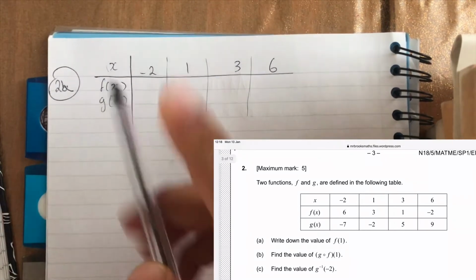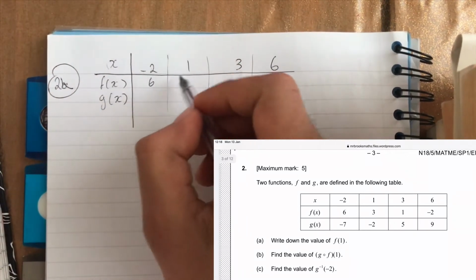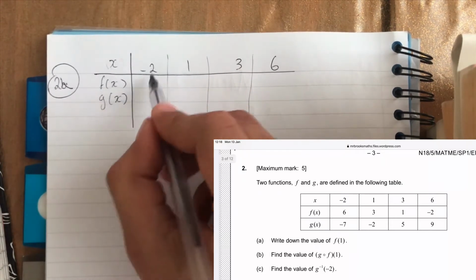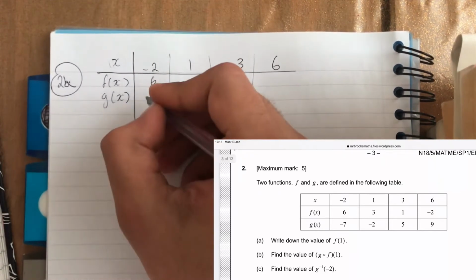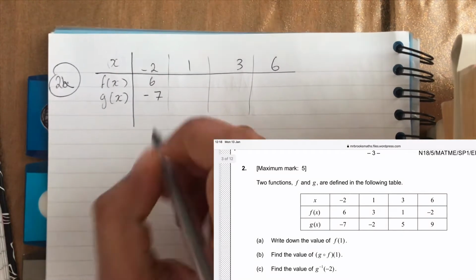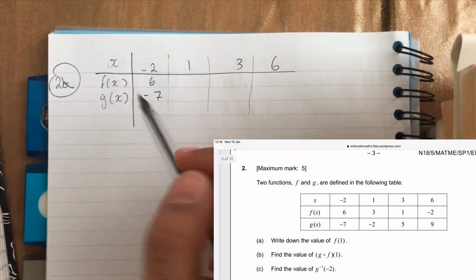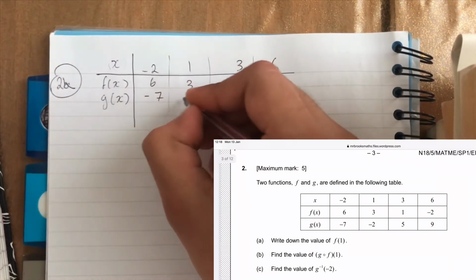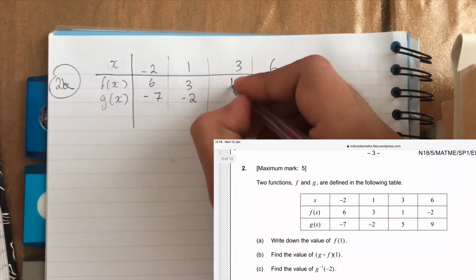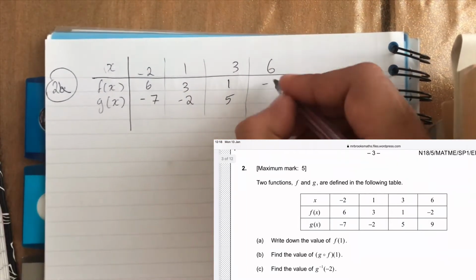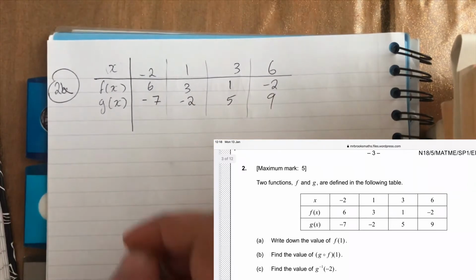For example, if x is minus 2, then f of x is 6 and g of x will be minus 7. Similarly with 1, you get 3 and minus 2 respectively, 1 and 5 respectively, and minus 2 and 9 respectively.